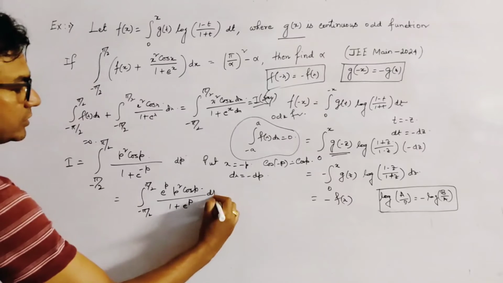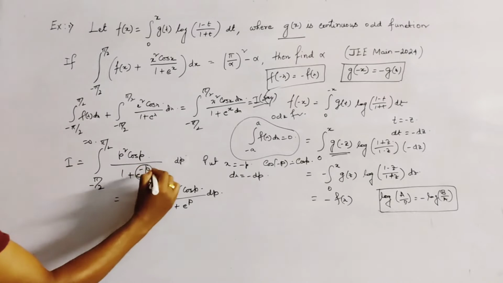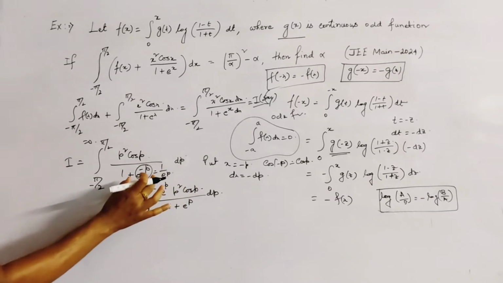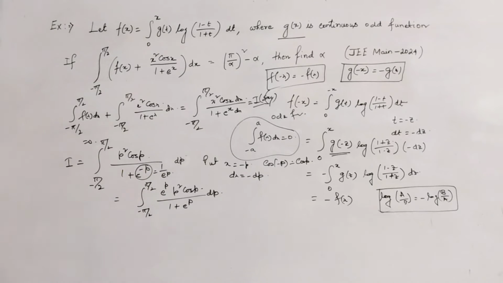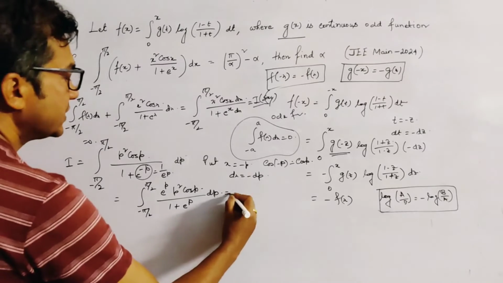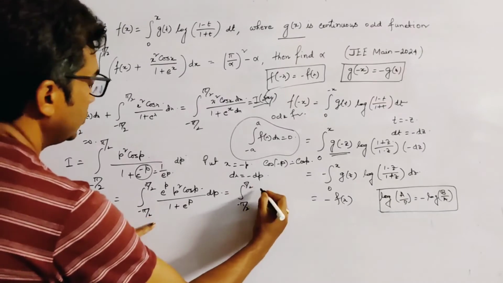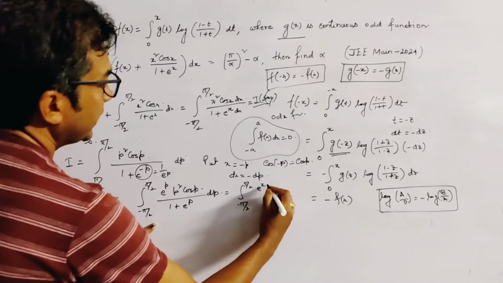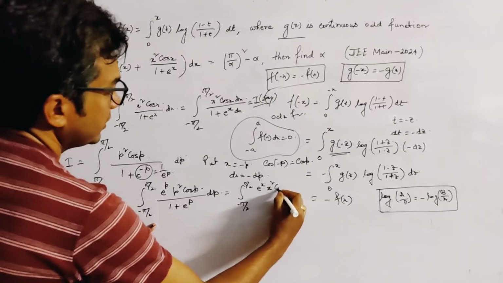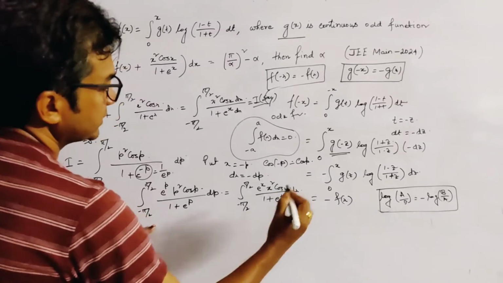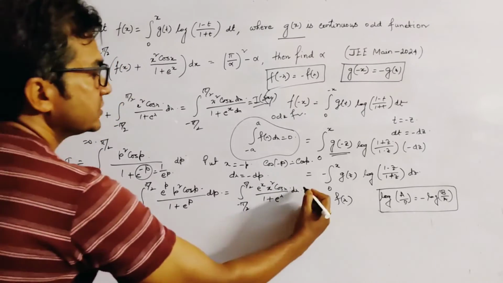We write 1 by e to the power p and, calculating this, we get this result directly. This can also be written as integration minus pi by 2 to pi by 2 e to the power x square cos x by 1 plus e to the power x dx, and this is also I.